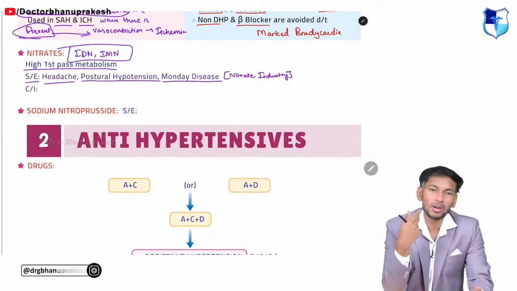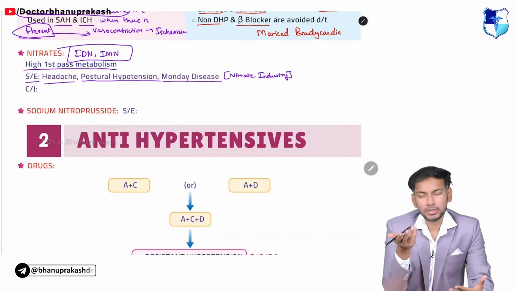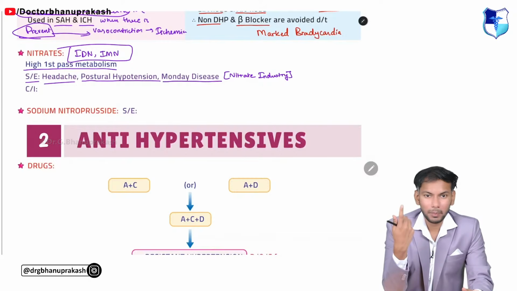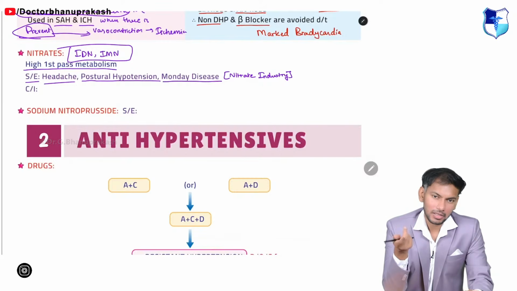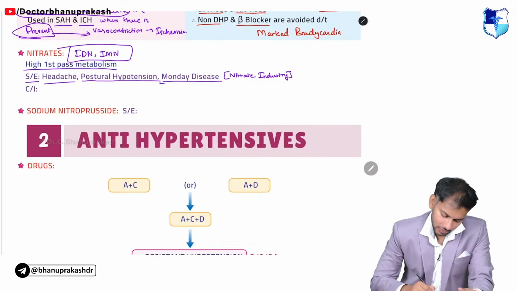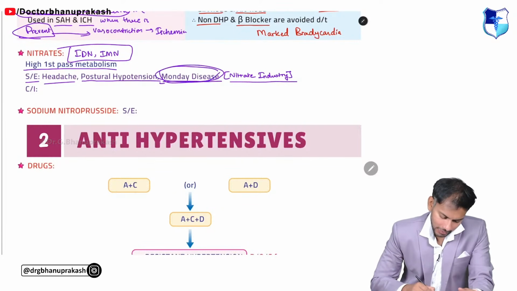So the person will not have any symptoms by the end of the week. But once they take a rest or a holiday on Saturday or Sunday, what will happen? These enzymes will start working again. Suddenly on Monday, nitric oxide will be released and it will cause headache. This is what you see in the nitrate industry workers. This is what is known as Monday's disease.